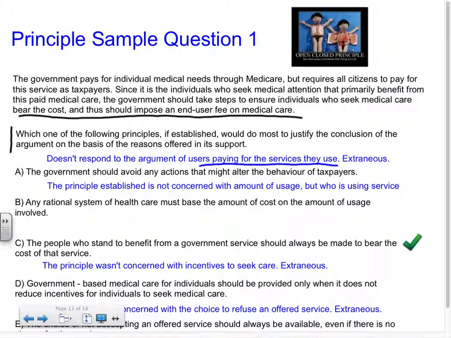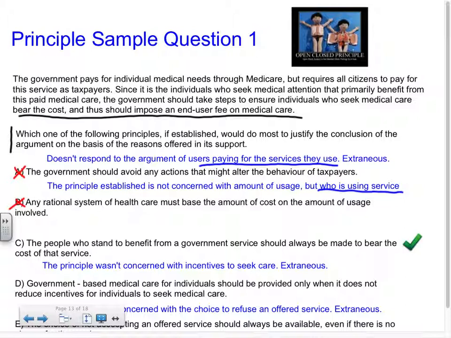Let's take a look at B. B says any rational system of healthcare must base the amount of cost and the amount of usage involved. So the principle established is not concerned about the amount of usage, but rather who is using the service. So B is incorrect. Let's cross out A and let's cross out B.